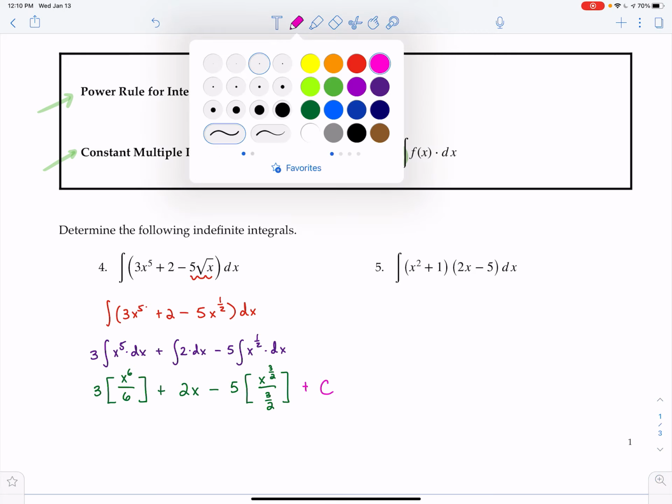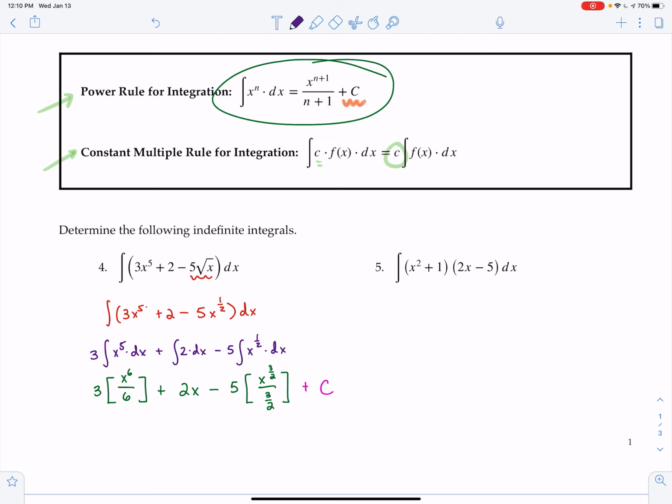So now we're just going to do a little bit of algebraic simplification. 1/2 x to the 6th plus 2x minus, when we simplify all of that, it comes out to 10/3 x to the 3/2 plus c.